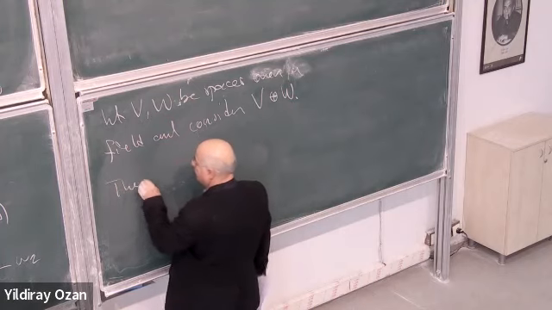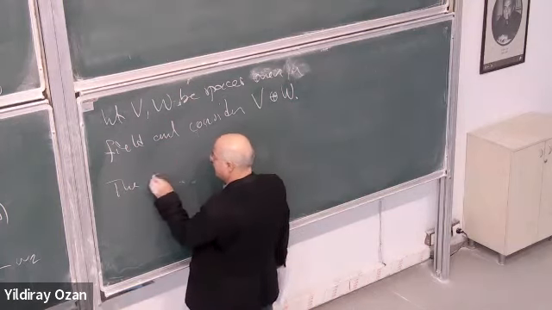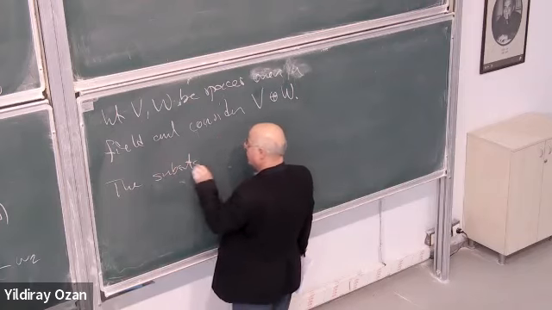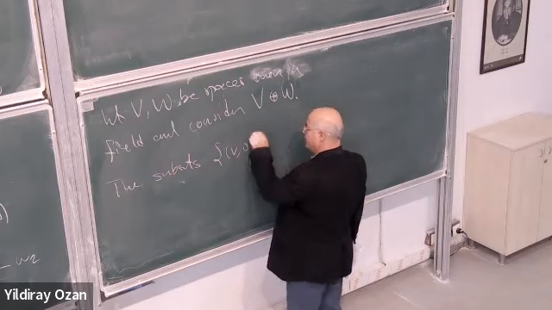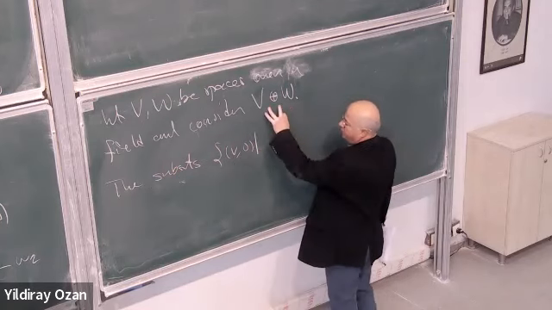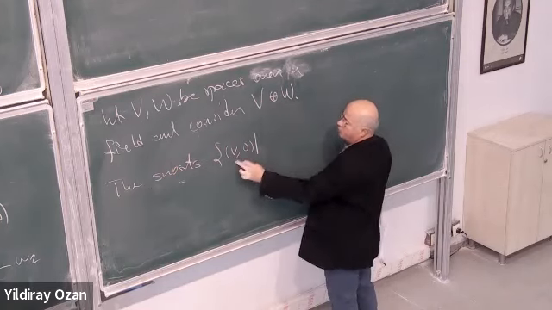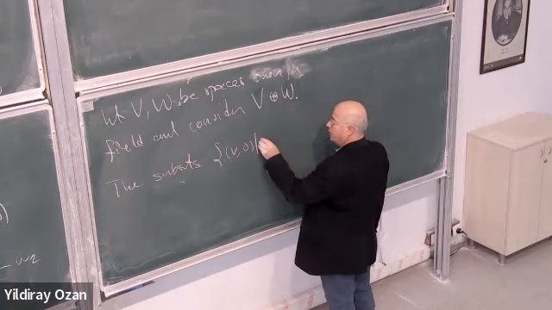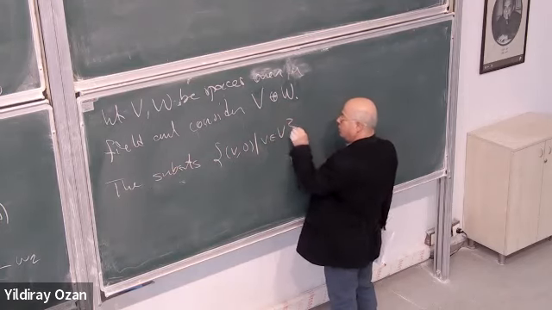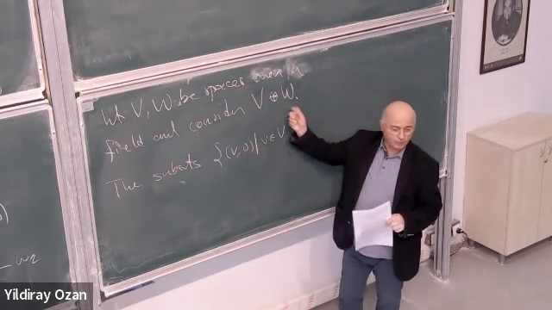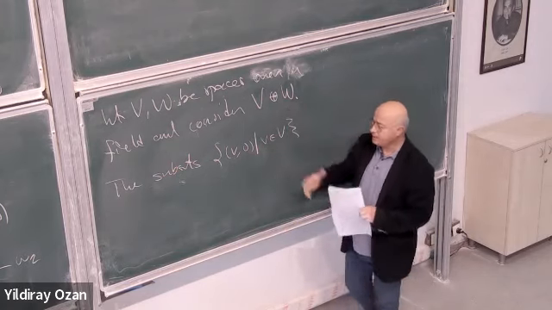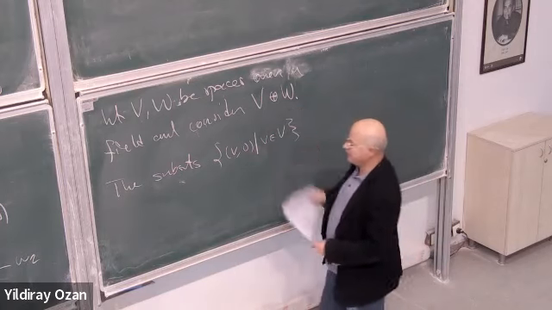Okay, the subsets: this one, V comma 0. Remember, these are just pairs of vectors, right? Suppose I choose the second component, the 0 element of this vector space, then this is a subset of this.